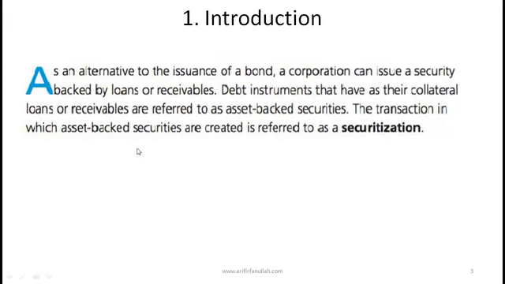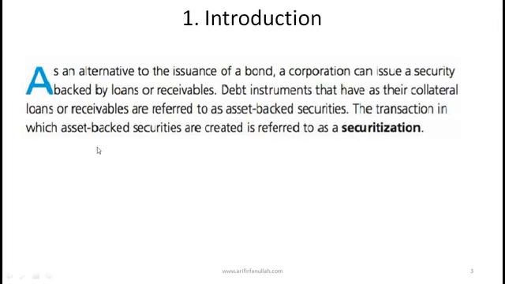You keep seeing securitization in level 1, and we've seen it here in level 2. I think one of the best definitions of securitization is in the introduction to this reading. So let's go through that description. As an alternative to the issuance of a bond, a corporation can issue a security backed by loans or receivables. Debt instruments that have as their collateral loans or receivables are referred to as asset-backed securities.